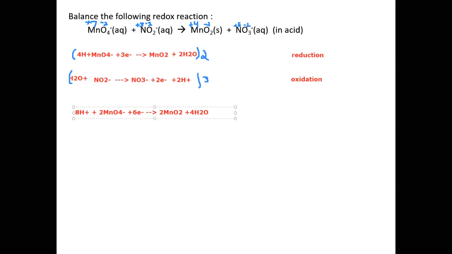We do the same thing with the oxidation half reaction. We multiply it by 3. We get 3 H2O plus 3 NO2 minus gives us 3 NO3 minus plus 6 electrons plus 6 H+.